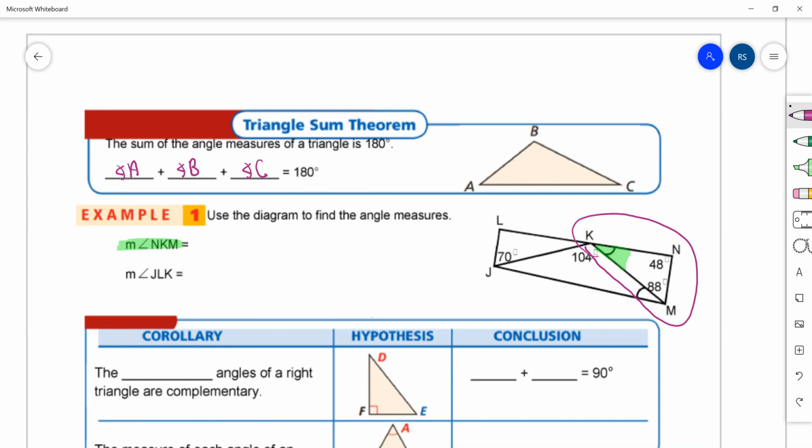So I'm going to add up 48 and 88. 48 plus 88 will give me 136. And then I'm going to subtract 136 from 180, which will give me 44. So that means this angle is 44 degrees.